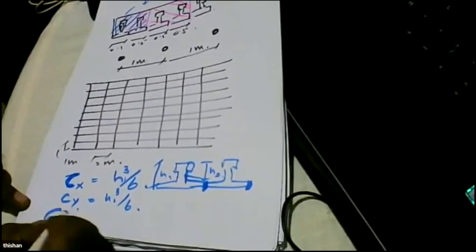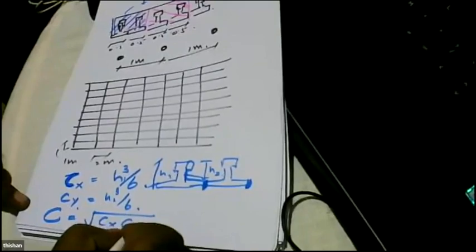Then for the torsional constant, C, we get the square root of Cx, Cy. So what we do is we substitute the average value as the torsional constant for this.